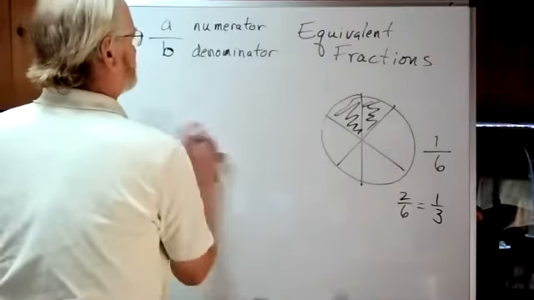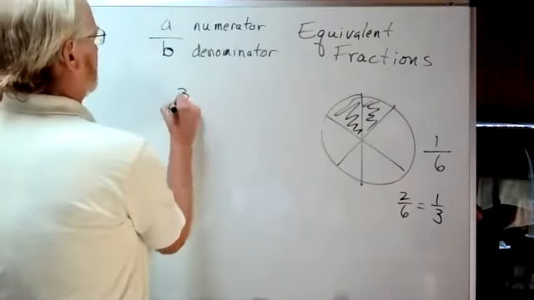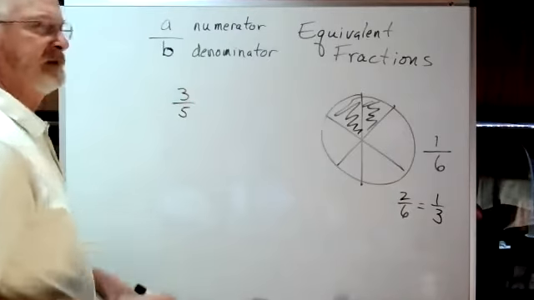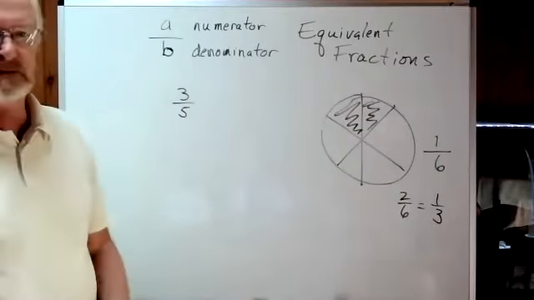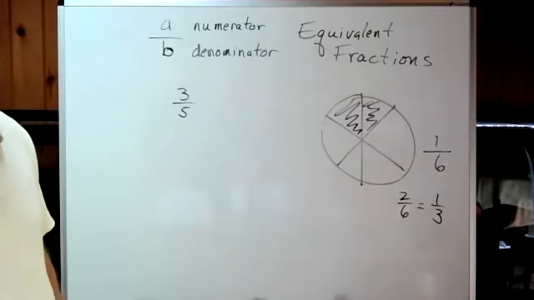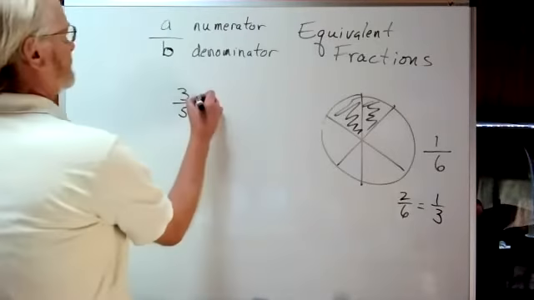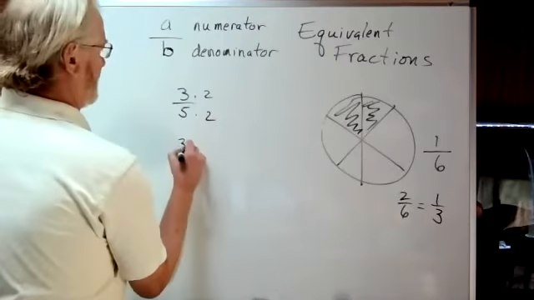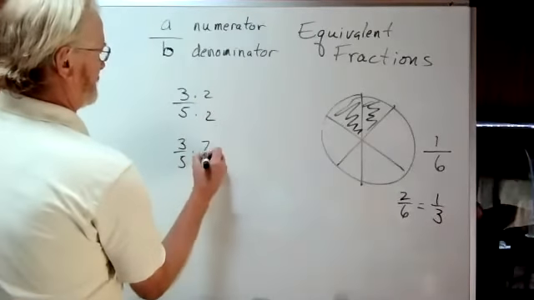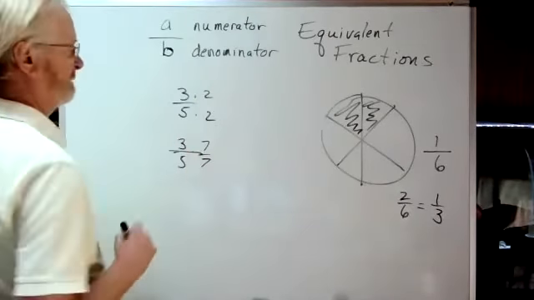Well, all right, so equivalent fractions. Some of your homework problems, for instance, might say, find 3 different equivalent fractions for this 3/5. Well, just pick any numbers you want to multiply the top and the bottom by. I might say, okay, if I multiply both the top and bottom by 2, I'm going to get another equivalent fraction. I can multiply the top and the bottom by 7. I'm going to get an equivalent fraction.